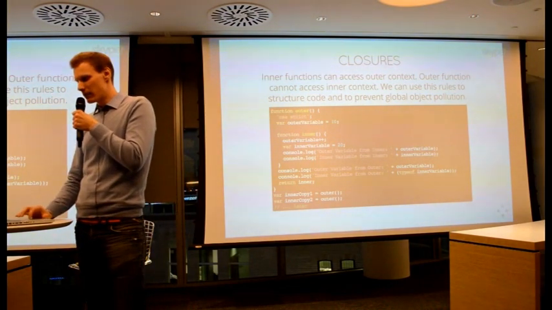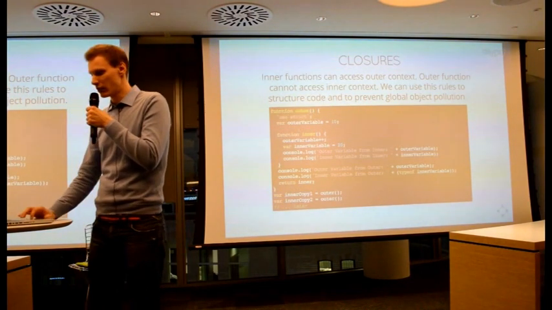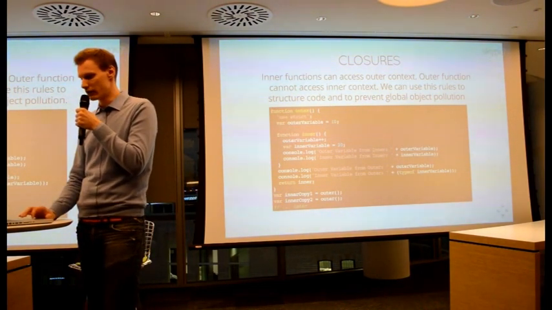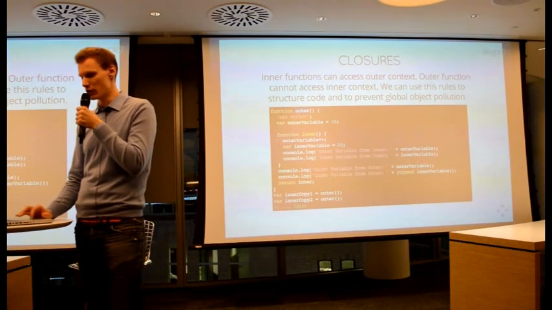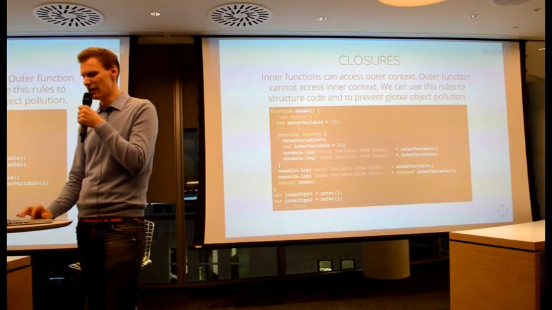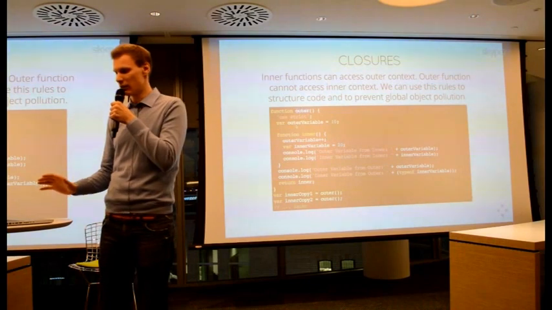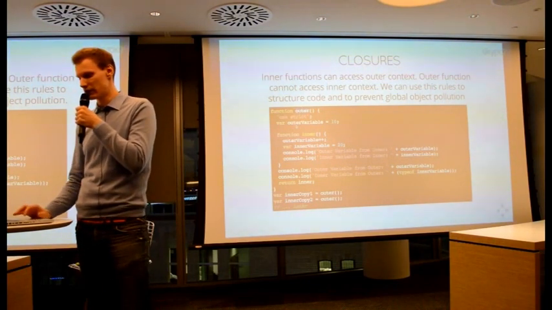And here we have an example of how this is useful. We have this outer function, which will be basically our closure. The outer function has an outer variable defined, and this outer variable will be available from the inner function.